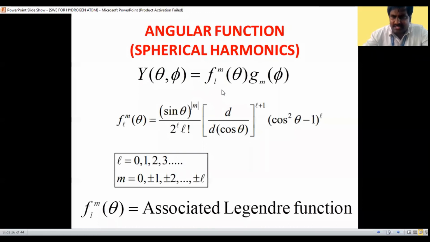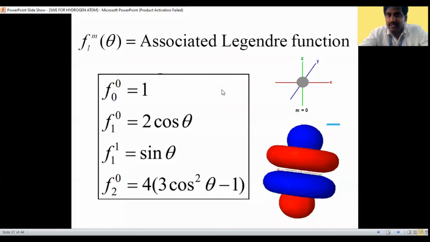And what is F here? Associated Legendre function. And see here, the f orbital and d orbital, let us see. Here, M value is 0, cos is deciding. If M is equal to 1, that is L is equal to 1, it means p orbital. F of L and M: L is equal to 0 and M is equal to 0, that is the s orbital.